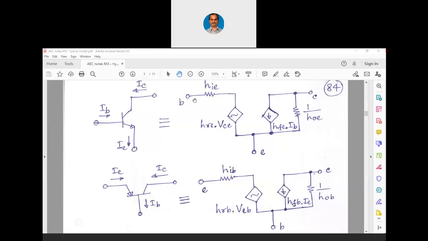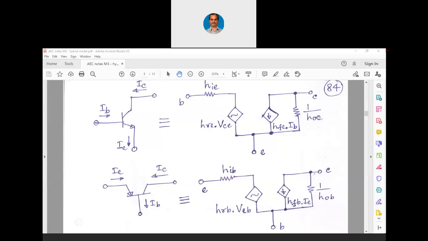What about this HRE into VCE? We are going to ignore it. The reason is, at the output we have volts, at the input we have millivolts. As far as small signal analysis is concerned, at the input it is millivolts, maybe microvolts, nanovolts, picovolts, or even smaller.